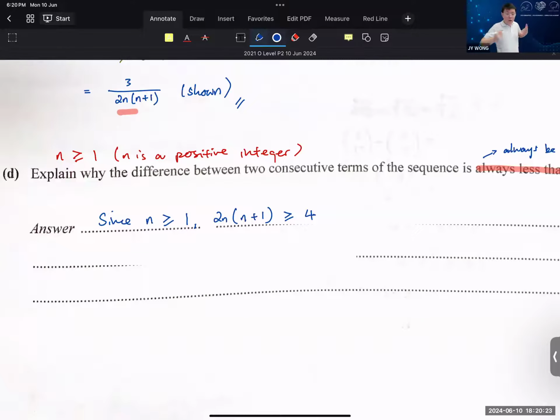Okay, you understand the logic here? So once you get this, you know that 2n times n plus 1 is always more than or equal to 4.